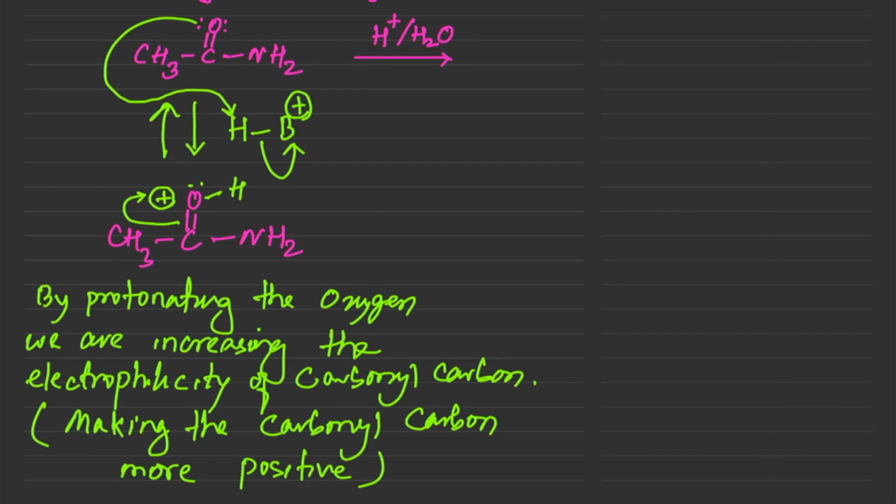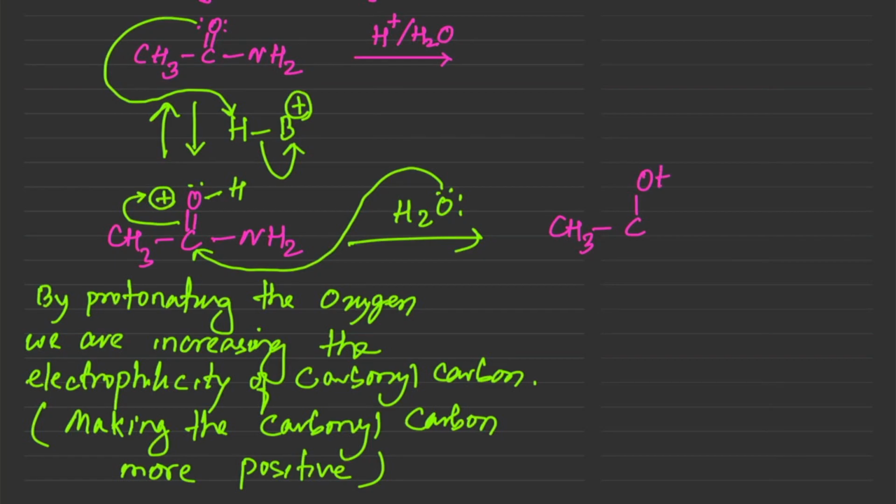So what happens when something gets more positive? The nucleophile would be able to attack. In this case, our nucleophile is water. So the water is our nucleophile, and now the nucleophile will come and attack this carbonyl carbon. Okay, so if we do that, what will we make? We will make CH3C(OH)(NH2), and now we have OH.